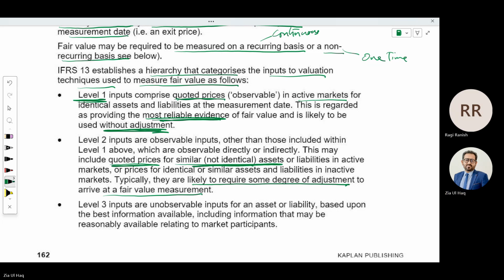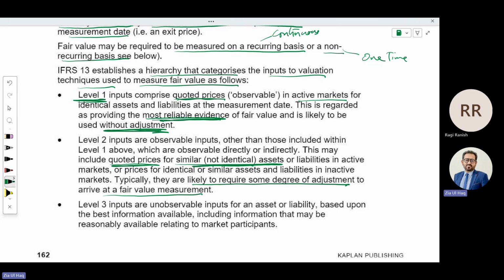In level two, quoted prices are for similar but not identical assets, and we need to make an adjustment to that price to arrive at fair value, because the assets are not identical. The asset is a little bit different. If you have an identical asset in the market, then you will use quoted prices, and that is level one, a more reliable measure.